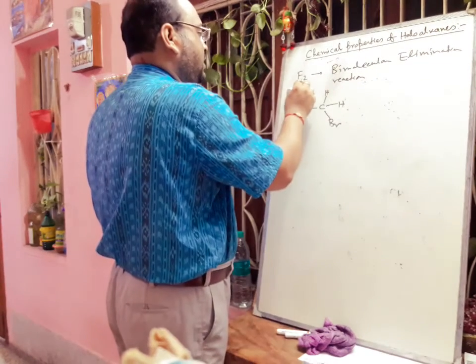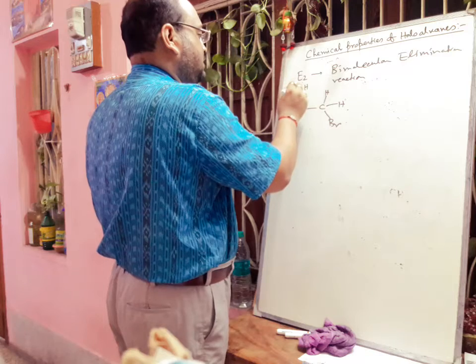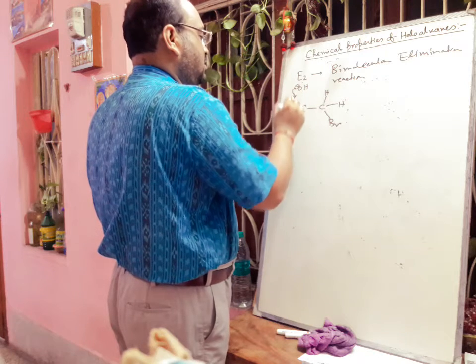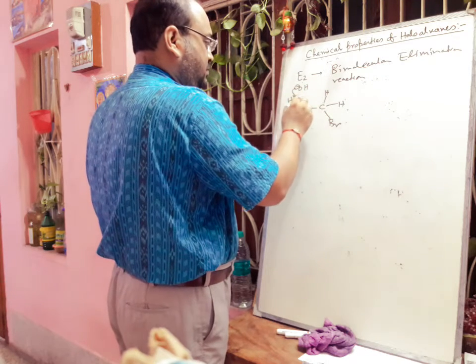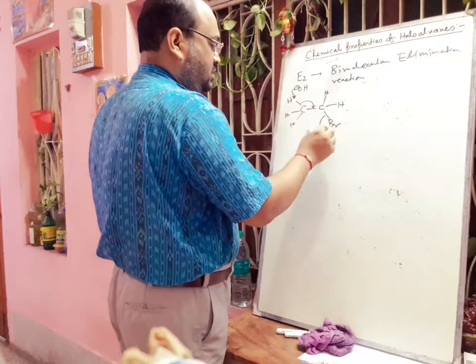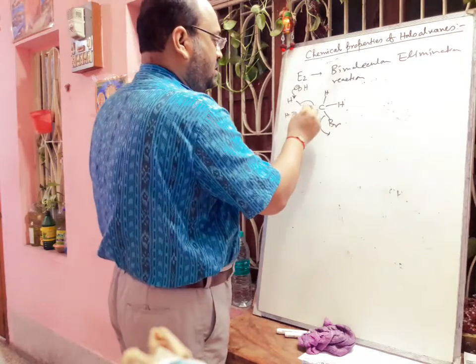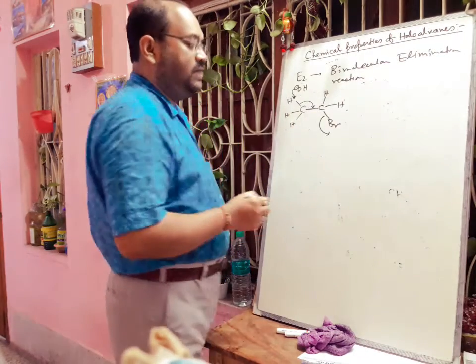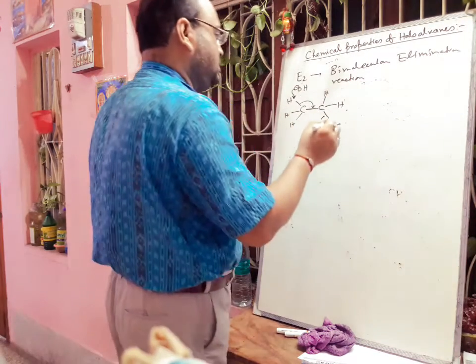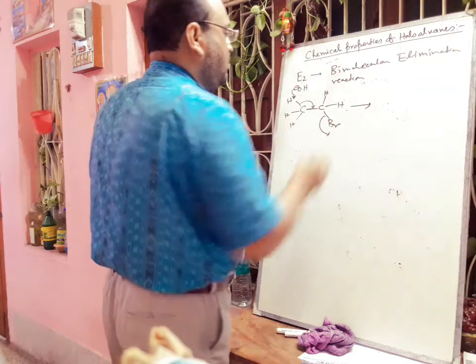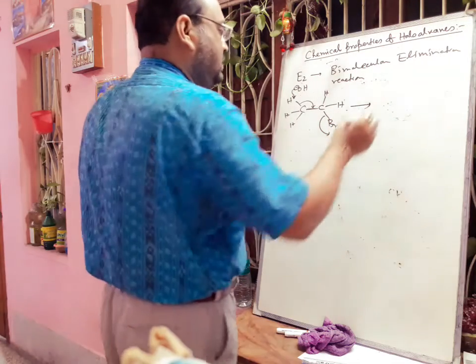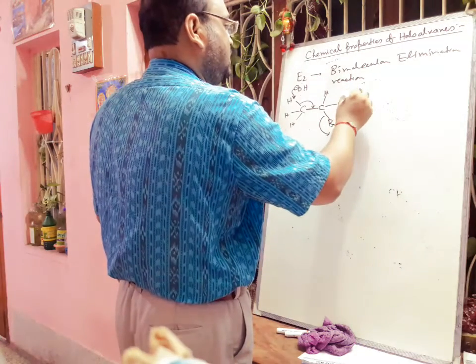Here OH minus will abstract this proton, and this carbon-bromine bond will break and bromine will leave as Br minus. From here we will get that alkene. This is the RDS step.